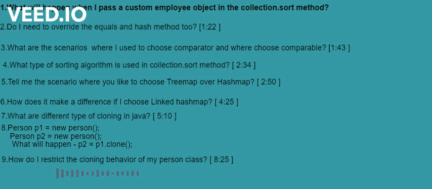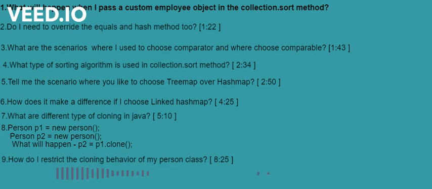But if we are asked to sort on the basis of something other than the default, like name, or a combination of ID and name, then we have to go for comparator. And also when we are not allowed to make changes in the original class, we have to go for comparator.